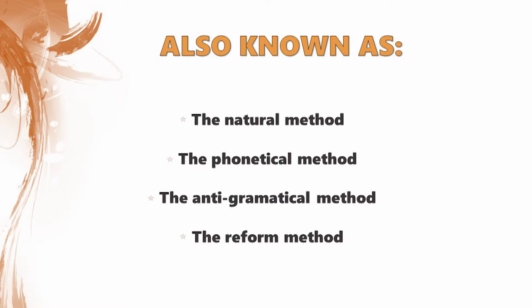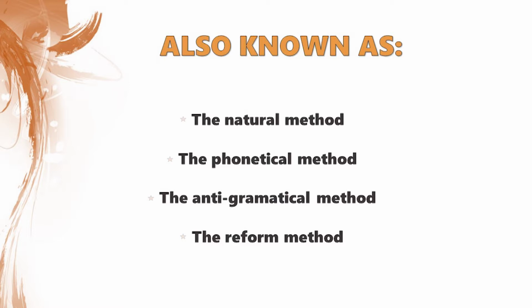This method has also been known as the natural method, the phonetical method, the anti-grammatical method, and the reform method. But essentially, the change that it proposes is that we teach by using the language to its fullest, even if students make so many mistakes at the beginning.